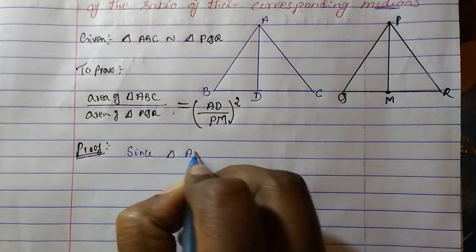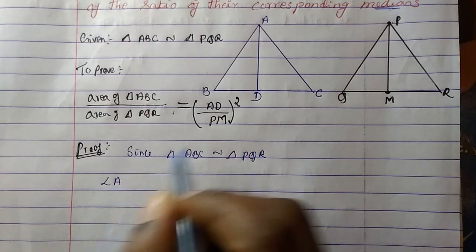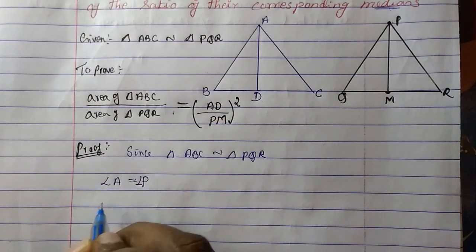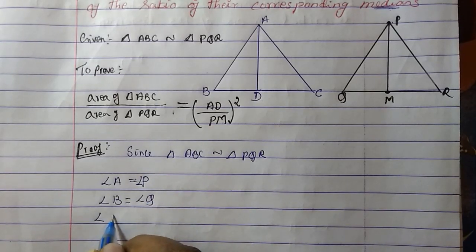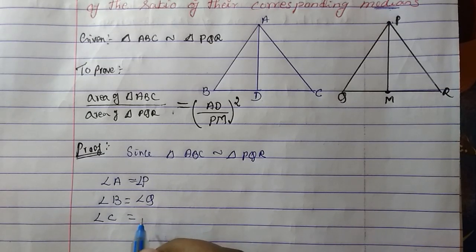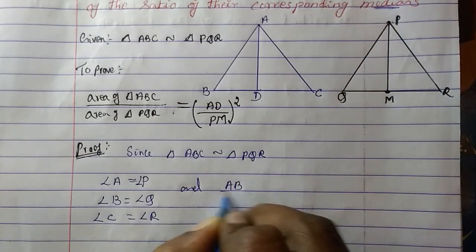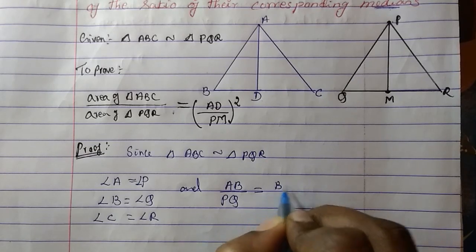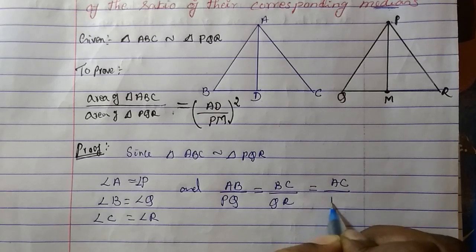Since triangle ABC is similar to triangle PQR, angle A will be equal to angle P, angle B will be equal to angle Q, and angle C will be equal to angle R. If they are similar, angles will be equal, and also corresponding sides, that is AB upon PQ will be equal to BC upon QR will be equal to AC upon PR.